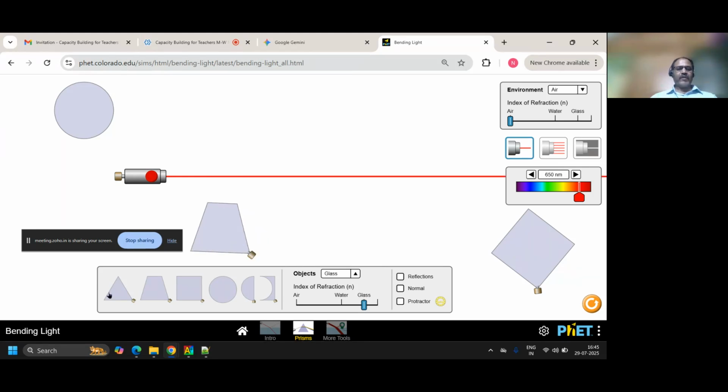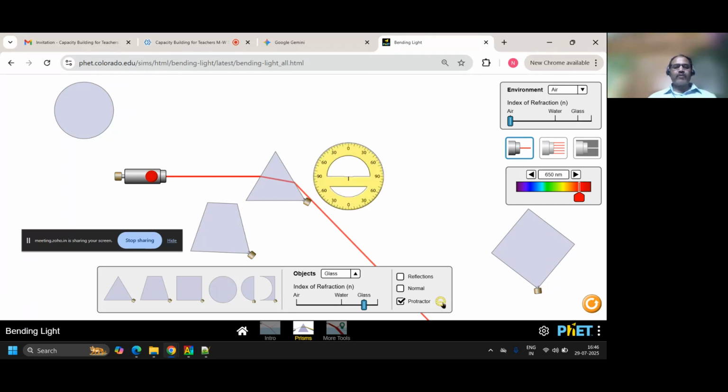Now I take a regular triangular prism. Now you could see it is refracting here, it is refracting pretty close because the angle of incidence on this side is completely different. And again, if you want to have a protractor, you can measure all these angles, make people do experiments in terms of angle of refraction on this end, angle of refraction on this end, so that we see the total that is happening over here.